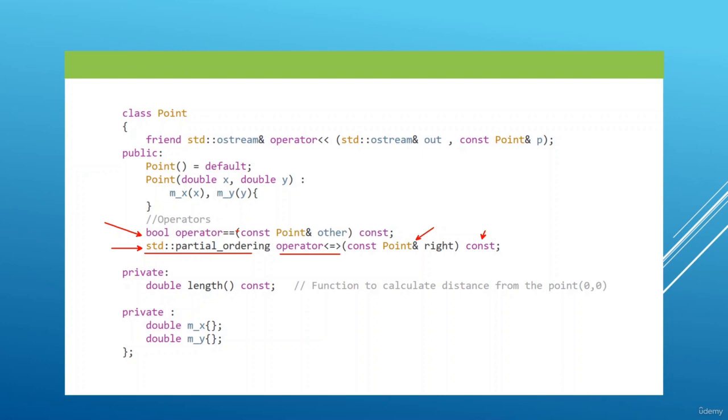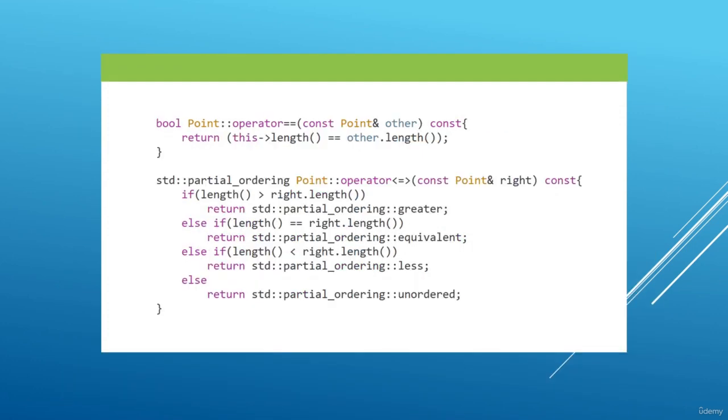So once we have this set up, we can put in our implementation. In our point implementation, we want to compare points based on the length, or the distance from the origin point. Again, if we consider a Cartesian coordinate system, we have an x-axis which is horizontal, we have a y-axis which is vertical.